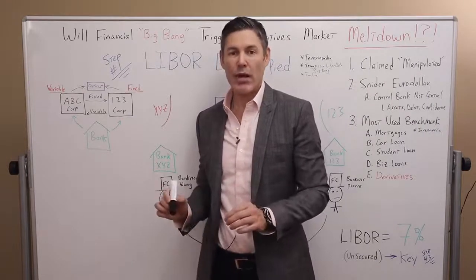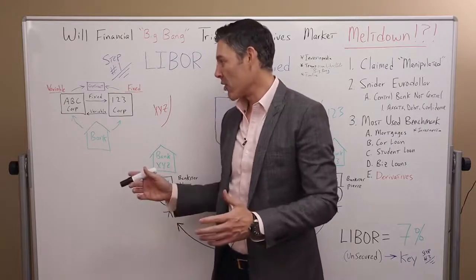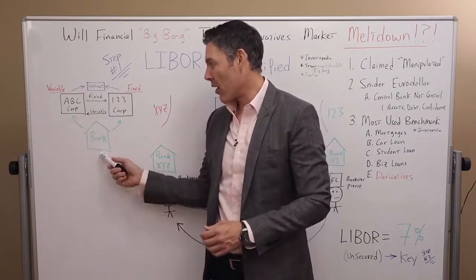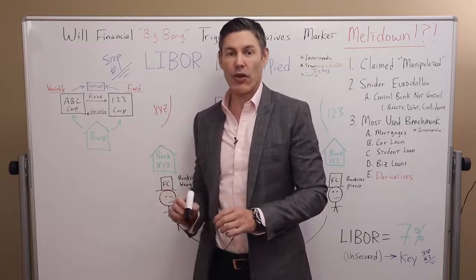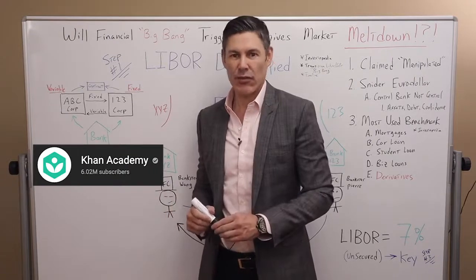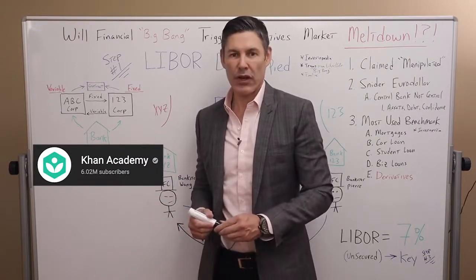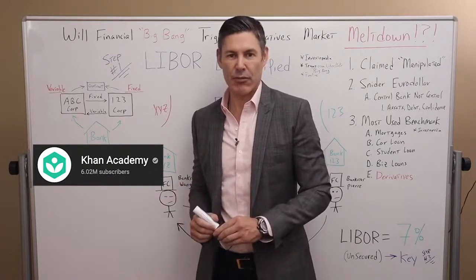I have no idea why they would be incentivized to manipulate LIBOR, but for some reason, they can make an additional spread by doing so. And if you want to learn more about it, I'd suggest going right to the Khan Academy on YouTube. Just type in interest rate swap. That'll take you to a couple really quick videos that'll explain it in very easy to understand terms.